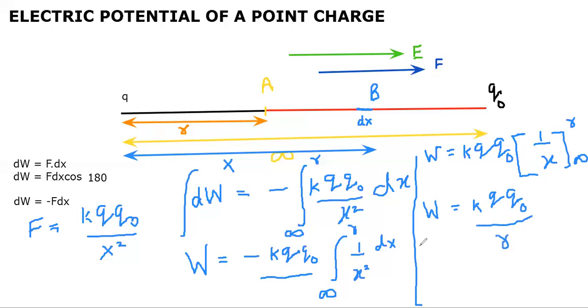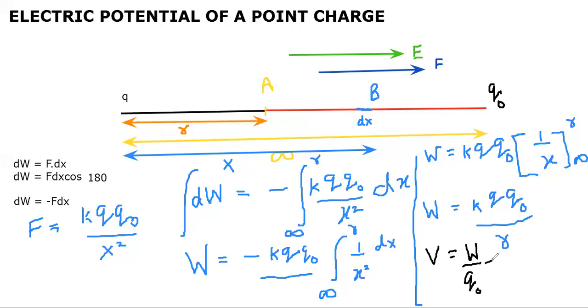Now you have to find V. The formula of V was W by Q. Now see, this you have to remember, that the charge below is the charge which you are moving. In this case, you are moving Q naught. So the formula becomes W by Q naught.